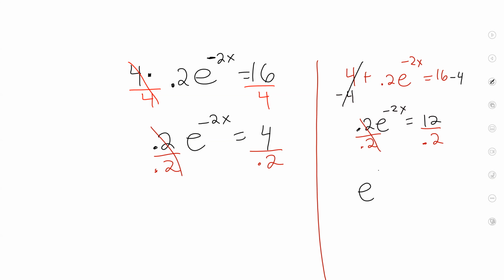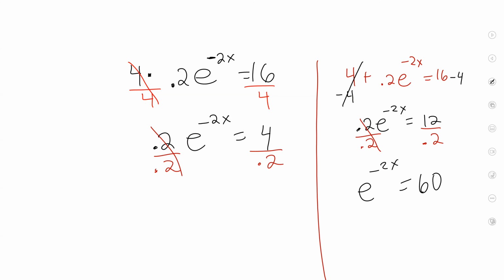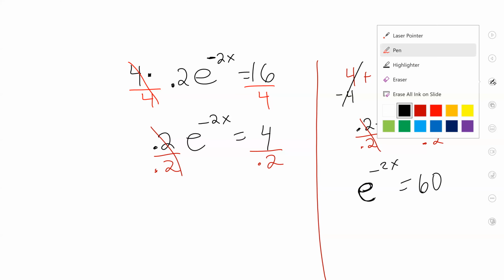We get e to the negative 2x equals, what is this? 12 divided by 0.2. We can do both problems. We get e to the negative 2x equals 60 over here. Okay, now guys, my base is e. Do you guys know what we're going to use for an e? 2.718.